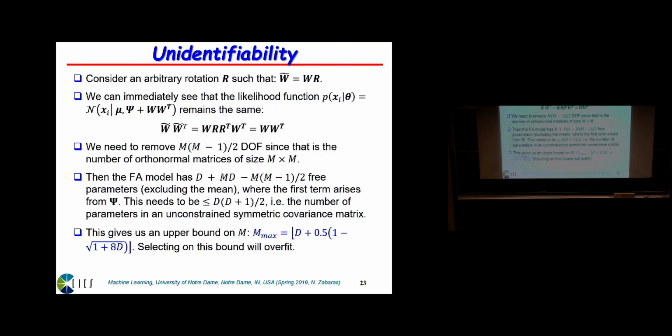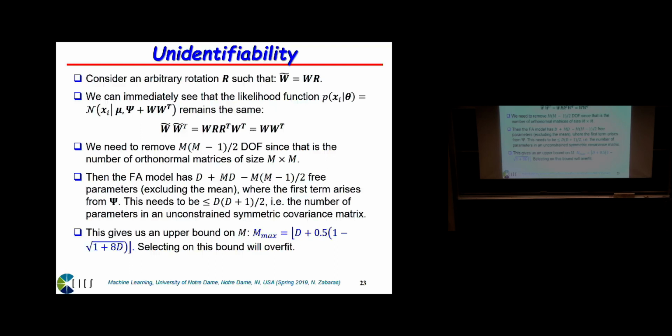We're going to have m times d to describe W, but then we're going to have to subtract these unidentifiable degrees of freedom for rotations. So we get that the number of parameters that we can really estimate uniquely is d plus md minus m times m minus 1 over 2.